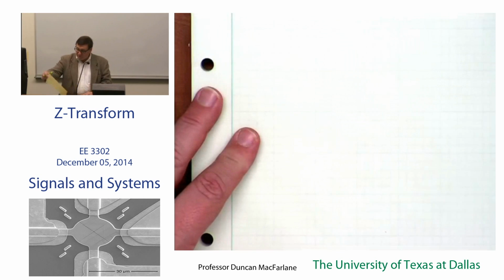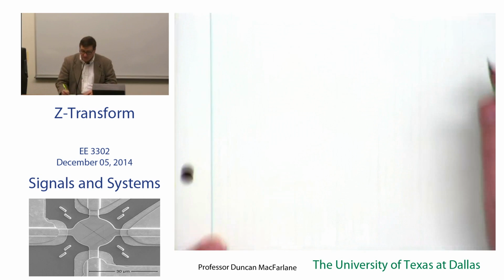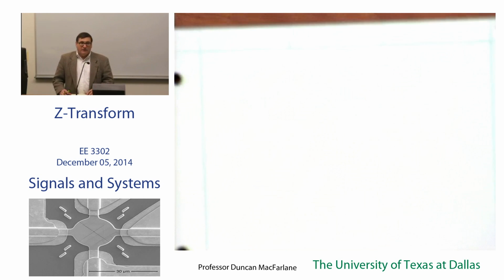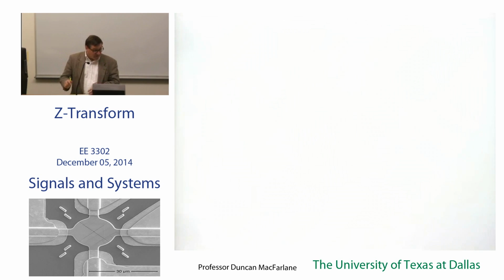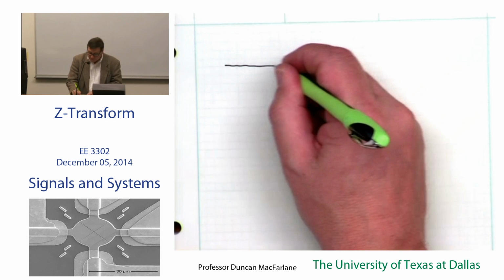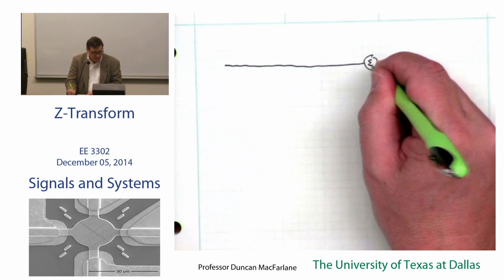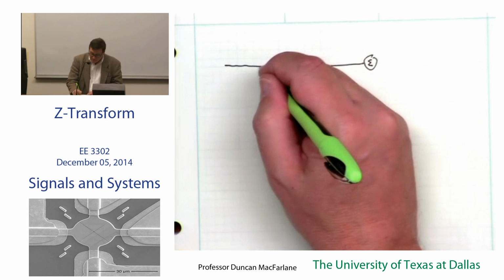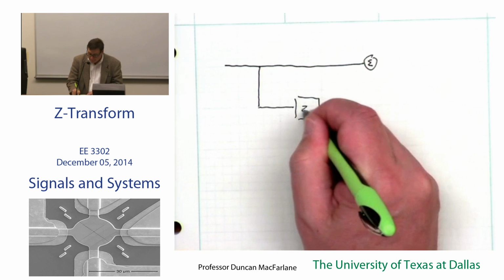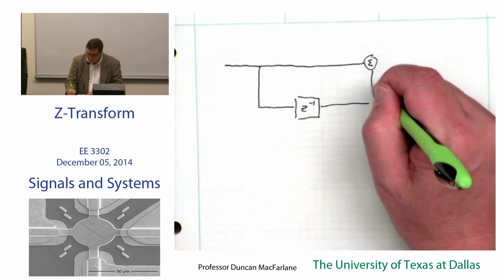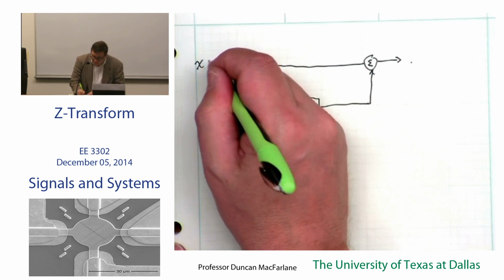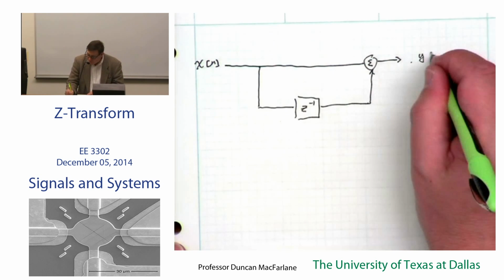Okay, let me give another example, and I'll do my simplest feed-forward structure. So I'll have an input x of n, an output y of n.